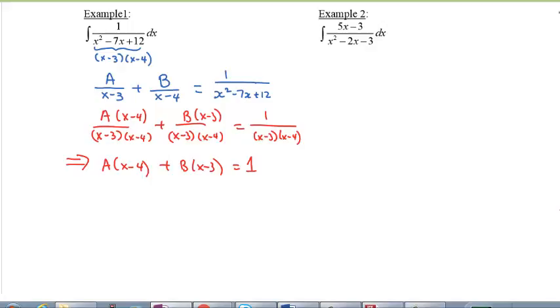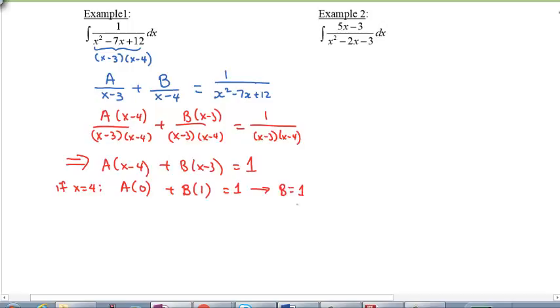So if I were to choose x being equal to 4, notice what happens. I get A multiplied by 4 minus 4, which is 0. And B multiplied by 4 minus 3, which is 1. And this equals 1. Leading me to know that B equals 1.